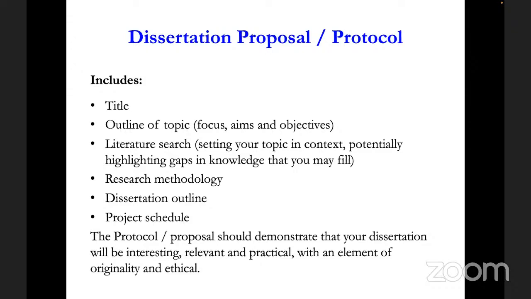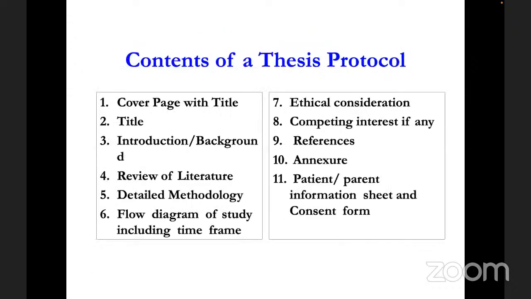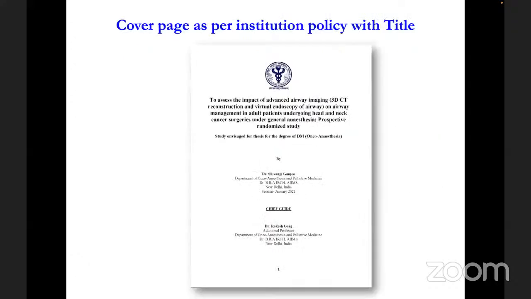Each component of the research methodology must be included in your research proposal. The project schedule, the time frame, should also be documented. That is very, very important. So your thesis protocol should have these headings, which are mandatory. Sometimes the institutional format is also required, and that needs to be covered.